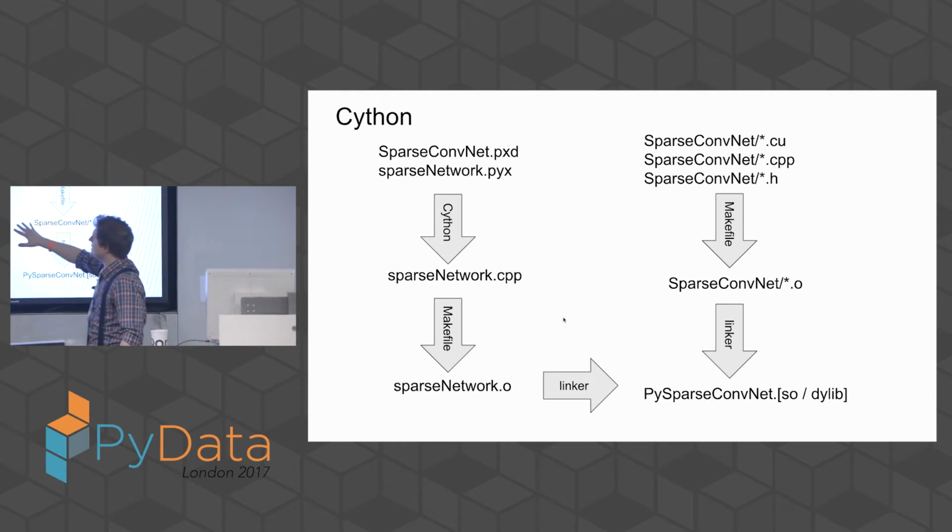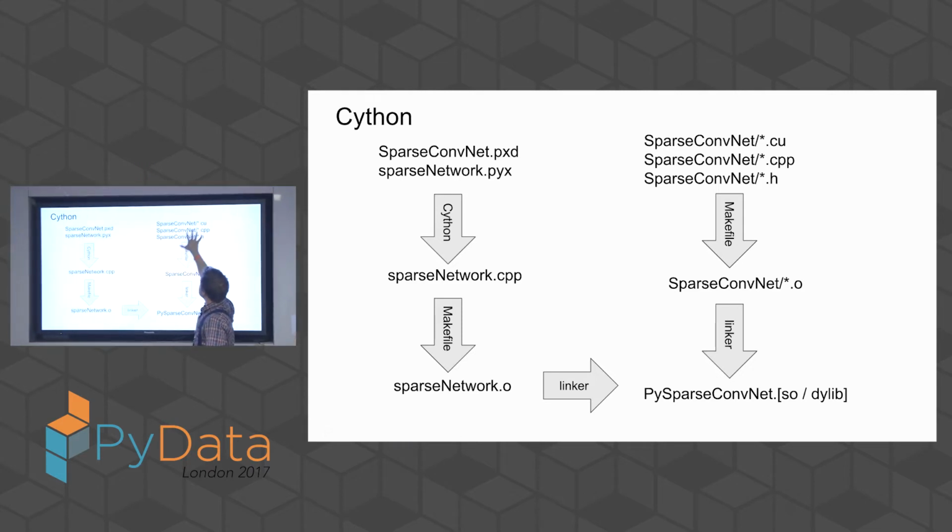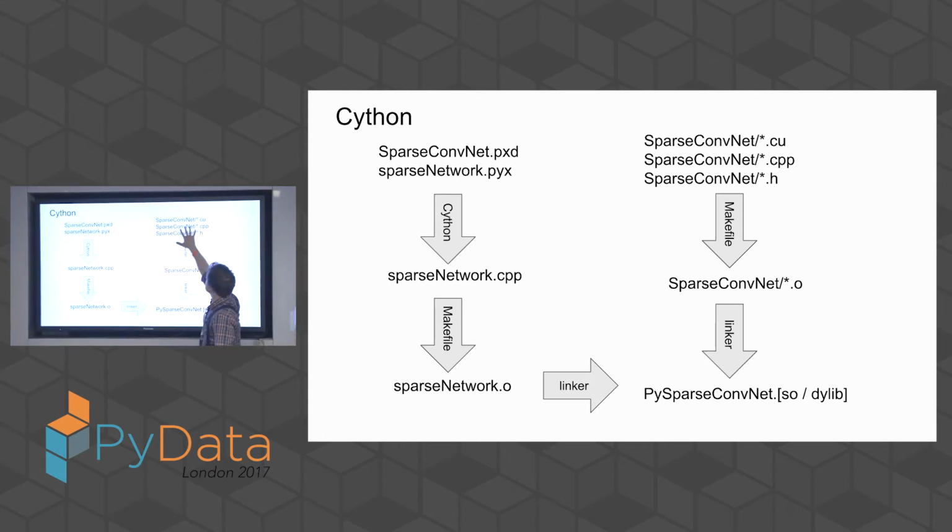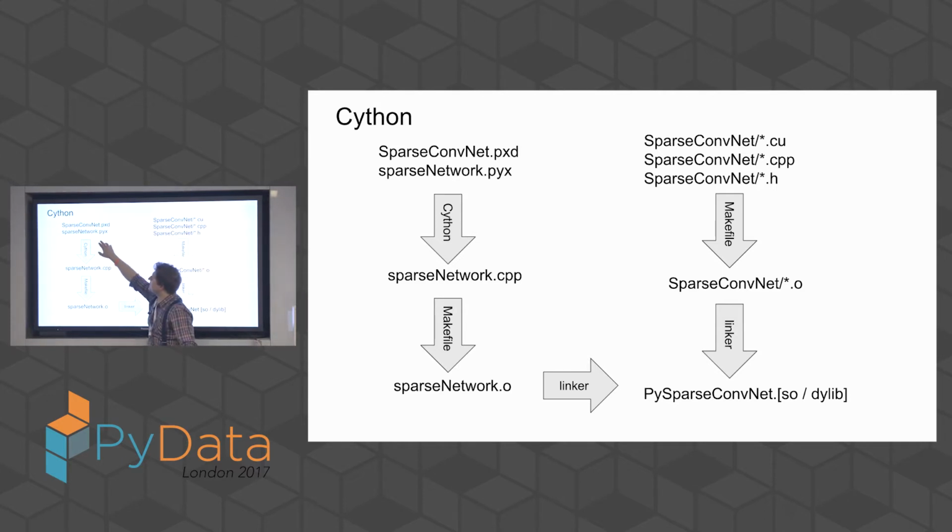The compilation step works as follows. We have the original sparse convnet module, which is essentially a bunch of CUDA files, CPP files, and header files. You can write a separate file, compile it, and it will work. But what we did is add additional Cython files, a pxd file, which mirrors the definitions in the header files that we need, and a pyx file that defines some functionality.